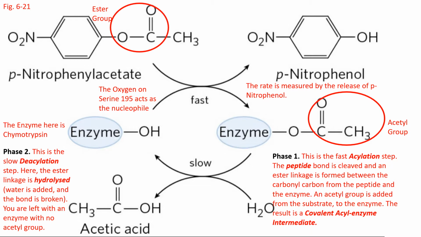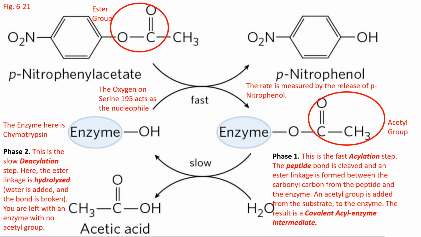Figure 6-21 is an example of chymotrypsin catalyzing a reaction. So the rate is measured by the release of p-nitrophenol from p-nitrophenylacetate. So this right here is an ester group, and this is an acetyl group.